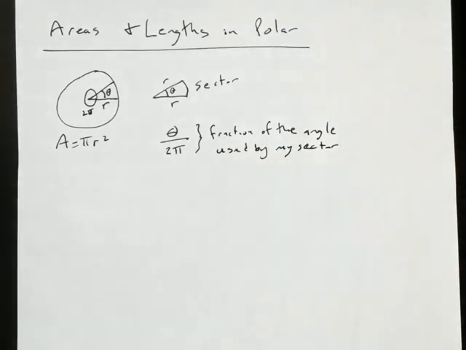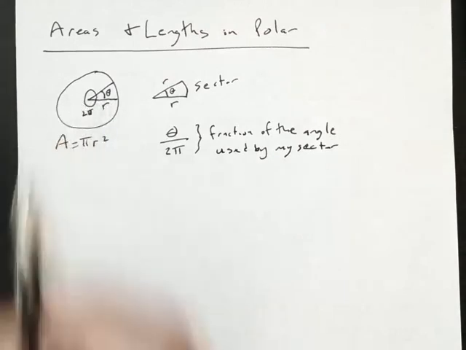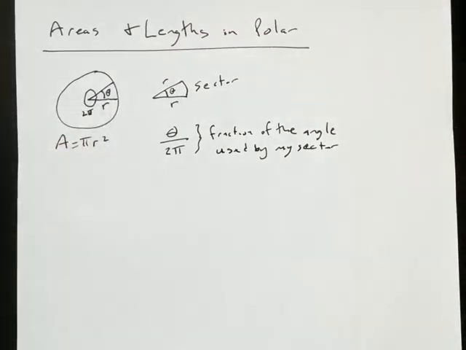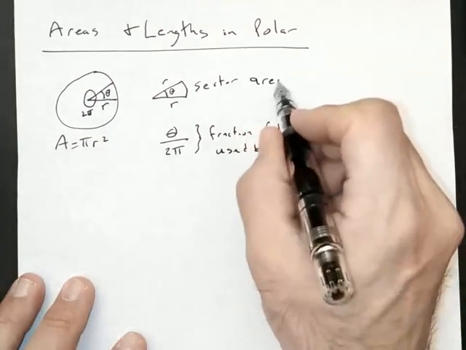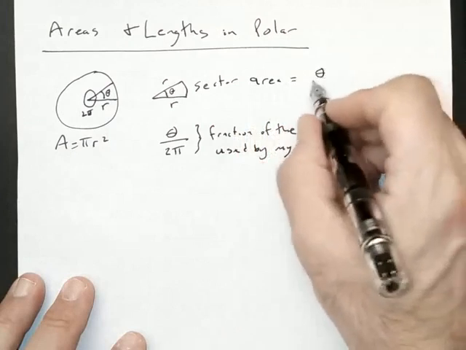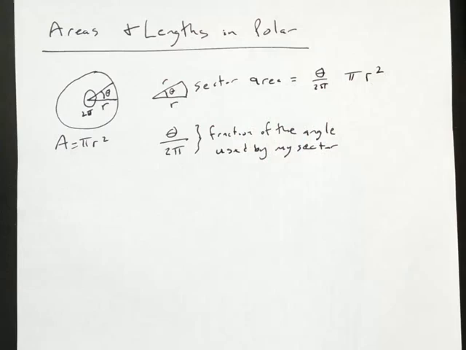So that's the proportion between this angle and all the way around. Well, that's going to be the proportion of the area. So the area of my sector is this much of the area of the whole circle. Well, look at what happens.